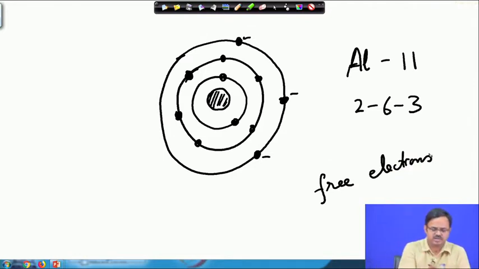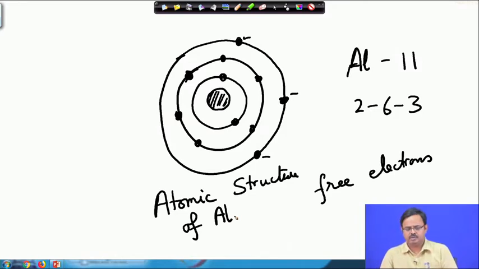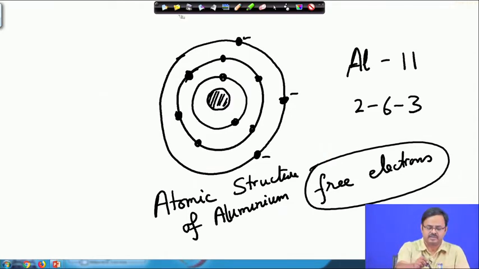So, this is the atomic structure of aluminum. Free electrons are the major ones that contribute to the conduction of electricity.